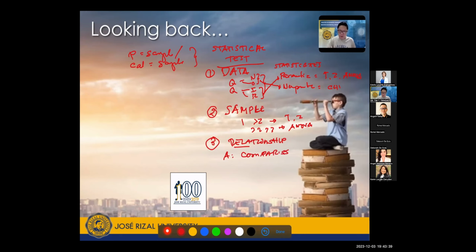Are you comparing one variable to another variable, one variable to another group of variables, or two variables? If you are trying to compare, what would be the possible test that you will use here? The t-test, the z-test, and the ANOVA, right?